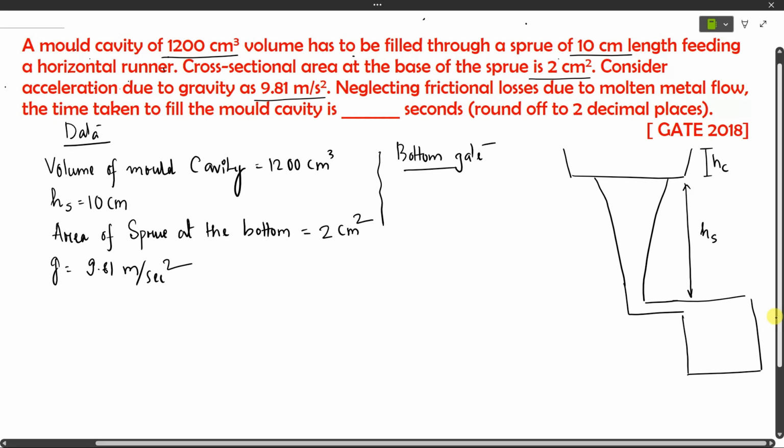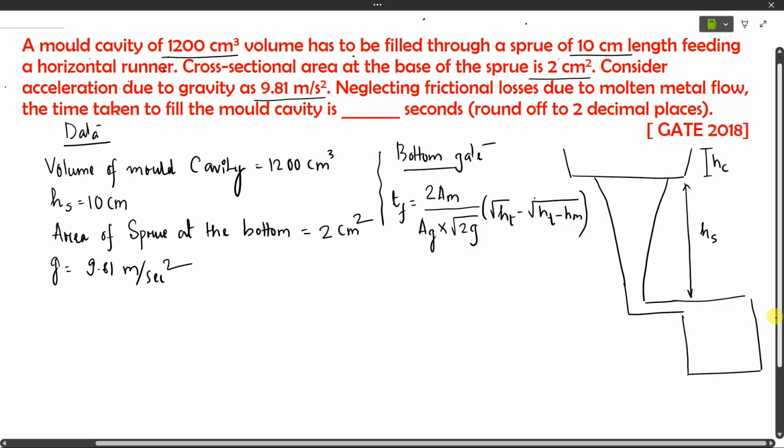So what is the filling time formula for that? Filling time formula is 2 into area of the mold by area of the gate into root over of 2G, root over of HT minus root over of HT minus HM.